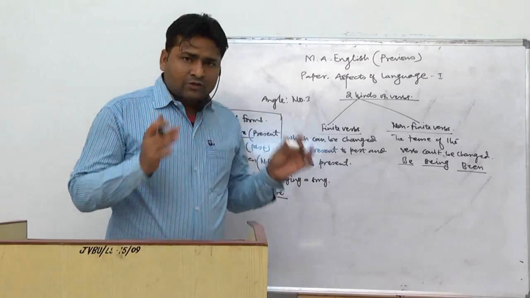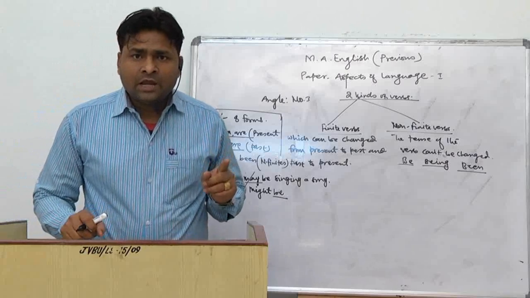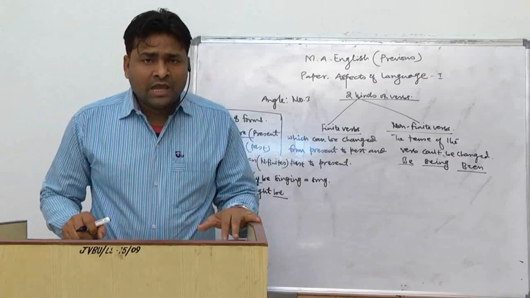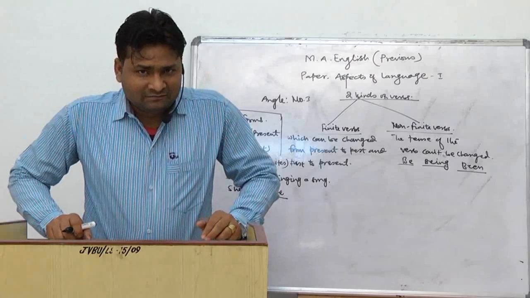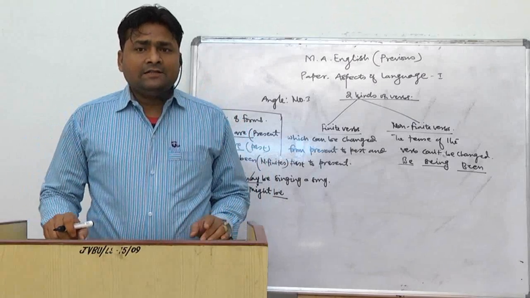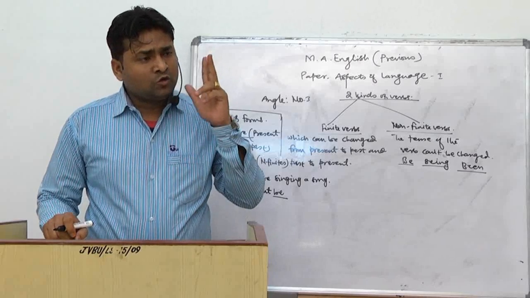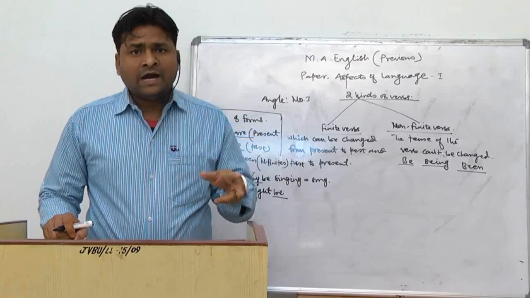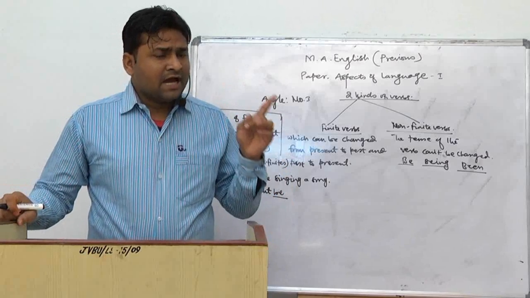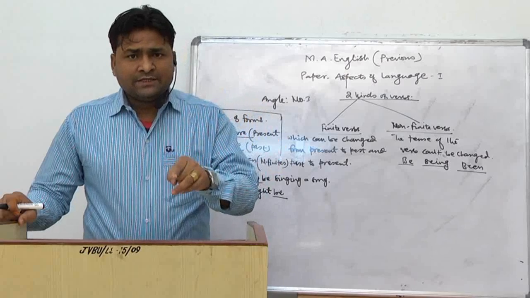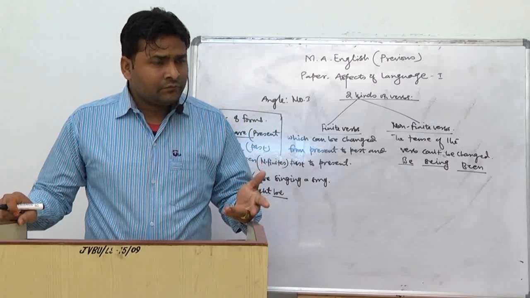So far, we have discussed angle number 1, angle number 2 and half of angle number 3. In angle number 1, we have discussed that there are 2 kinds of verbs, finite verbs and non-finite verbs. Finite verbs are those which can be changed from present to past and past to present.